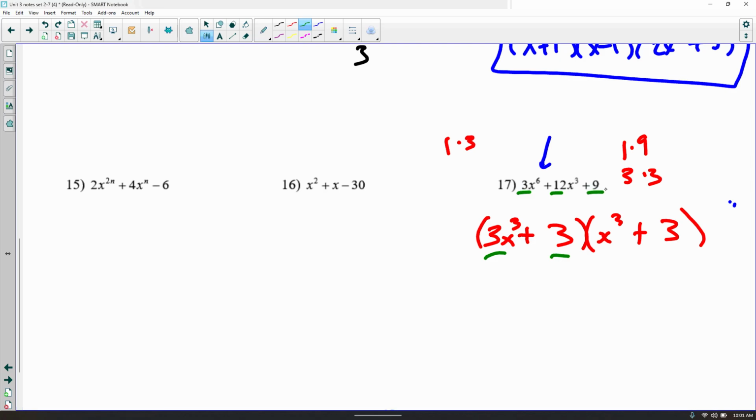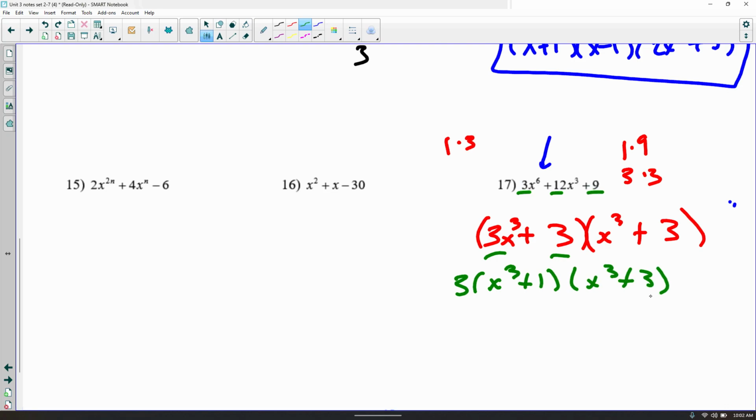Does that make sense? So this happens within your homework. If you're not paying attention to your homework and looking for GCFs, and you just start doing trial and error without looking for your GCFs, this scenario can happen. Okay? So I've got to pull the 3 out. So you've got to yank that 3 out of this to make that 3 and then x cubed plus 1.